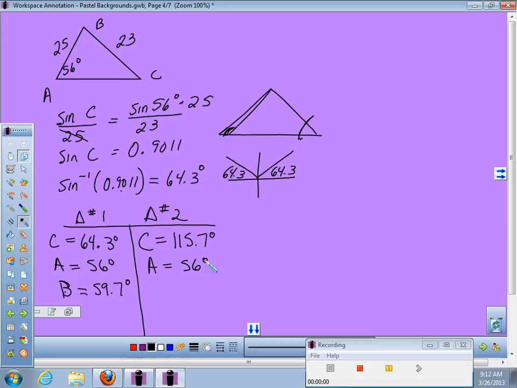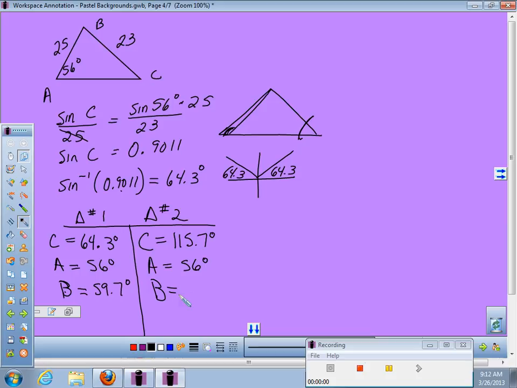Okay. How you know whether your second triangle works or not is whether there is still room for angle B to exist in this triangle. If these two add up to under 180, so that B could exist, you have a second triangle. If these two add up to more than 180, then there's no way the second triangle could have existed. Does that make sense?